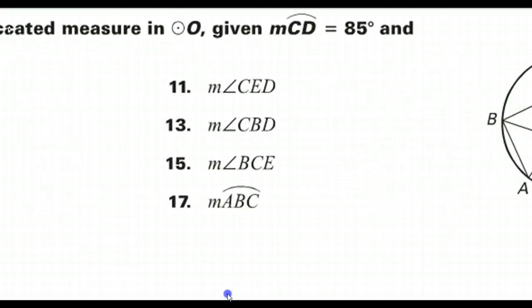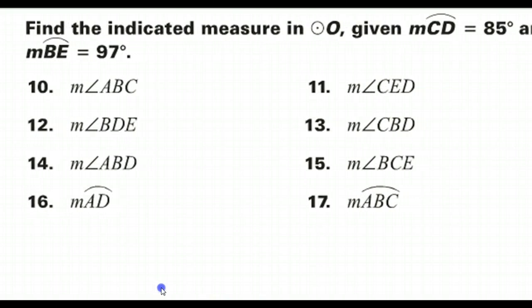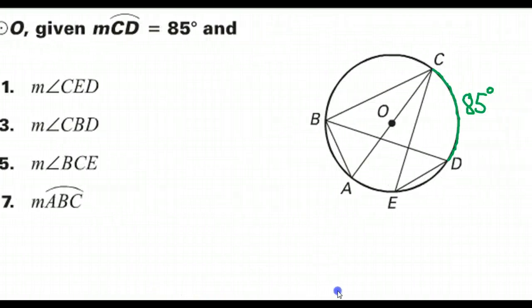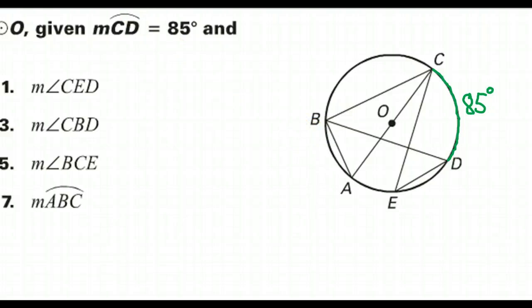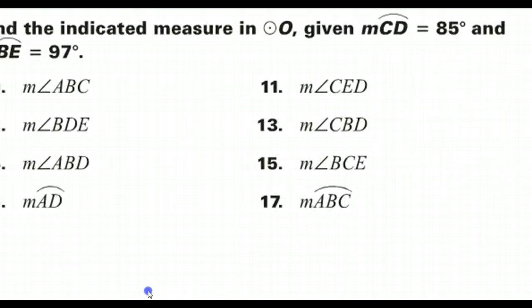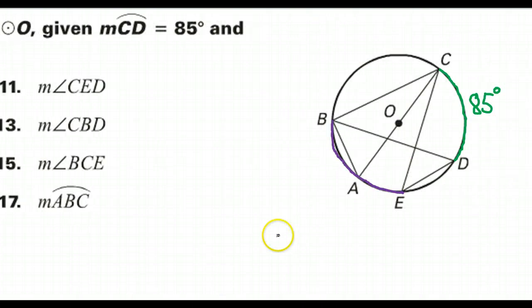They gave us one other piece of information. The measure of arc BE is 97 degrees. There's arc BE, and they said that that was 97 degrees.